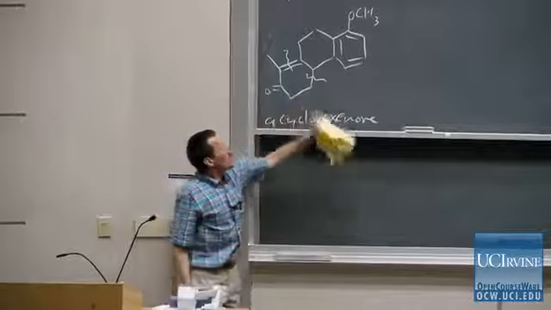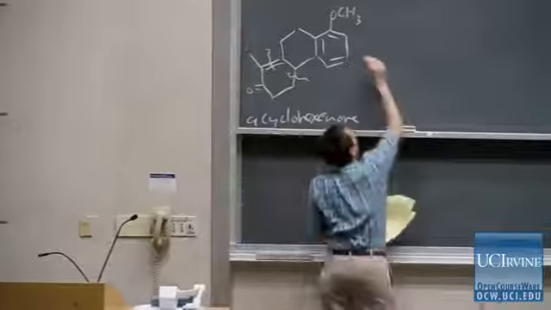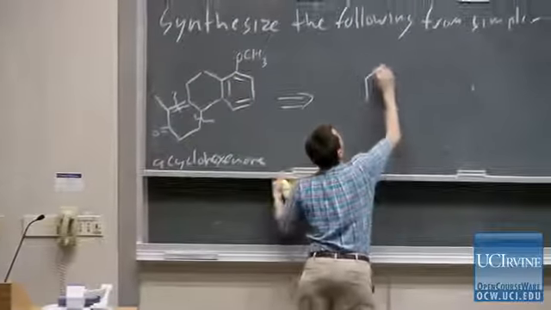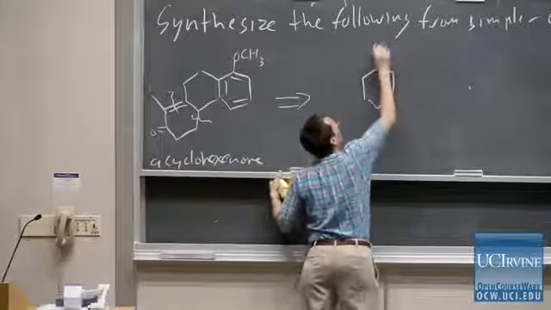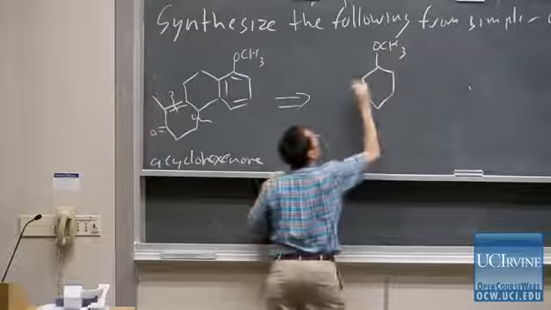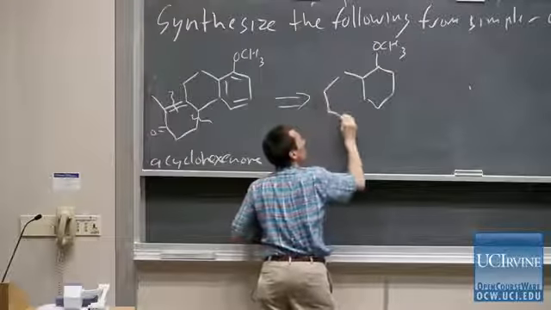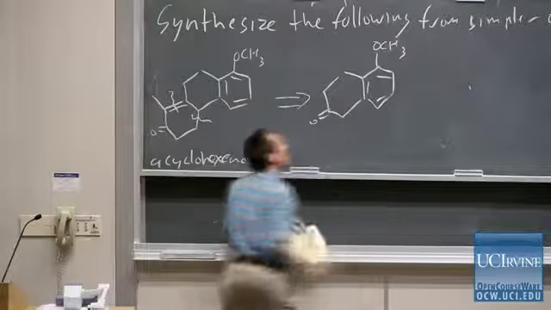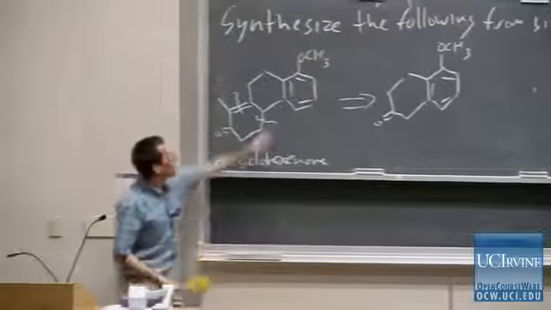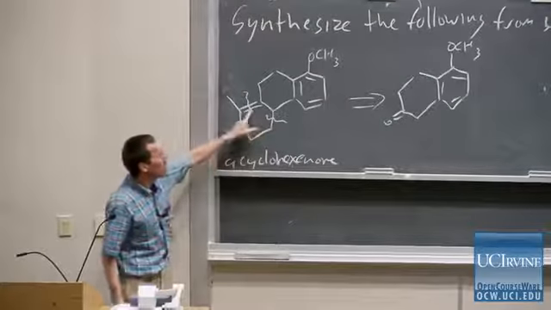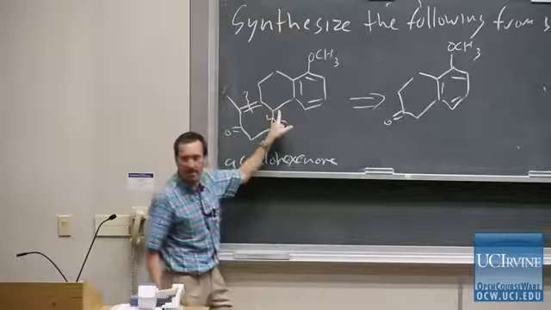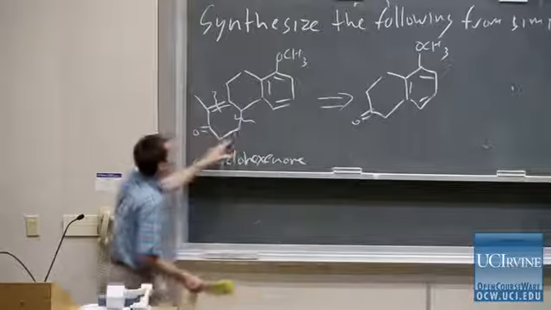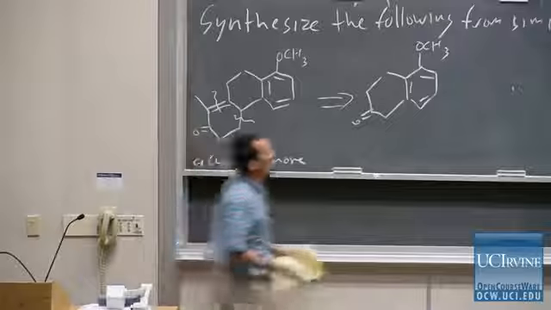And so thinking backwards, where does that get me? Well, that's going to get me to this ketone here. Yeah, this is hard the first time around. That's going to get me to this ketone over here. That's going to be this half of the molecule. And it's going to get me to this enone.